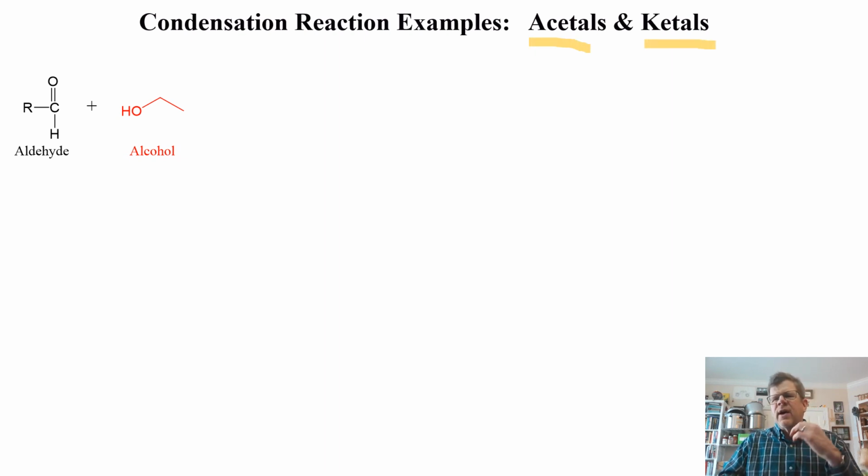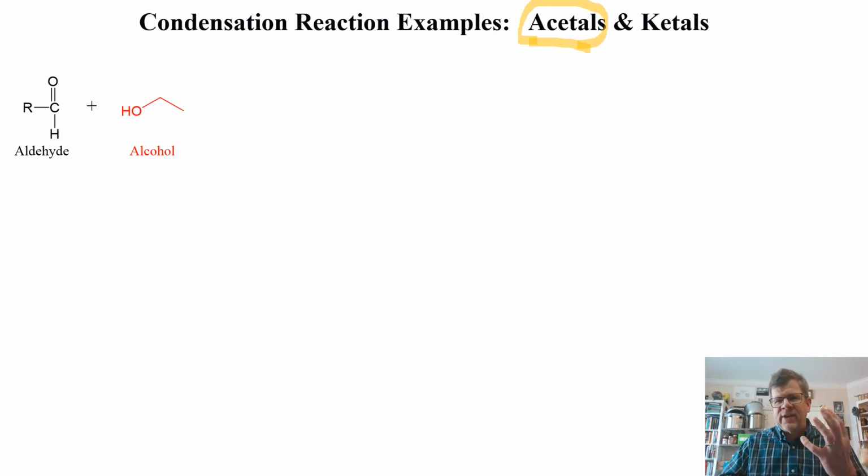Acetals and ketals are functionalities which are different from our original 13 functional groups, but to create them, we need to condense together two of our well-known functional groups. And we'll start specifically with acetals. Acetals are derived from aldehydes, that A in there.